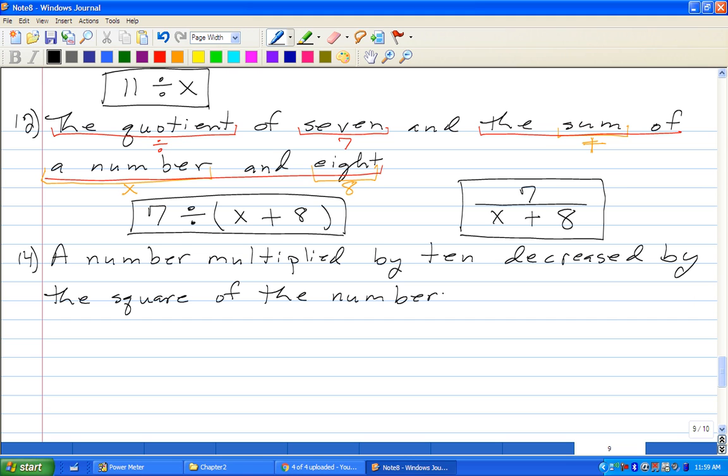Okay, so let's do this. So this is a number x multiplied by 10, decreased by the square of the number.